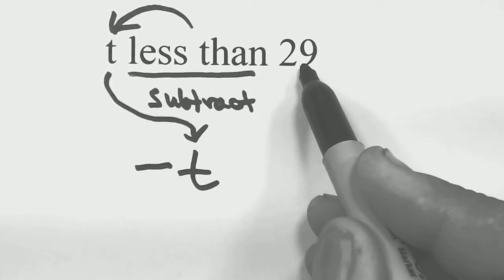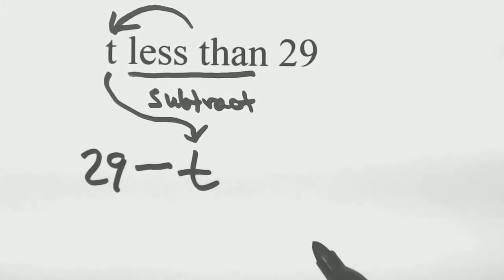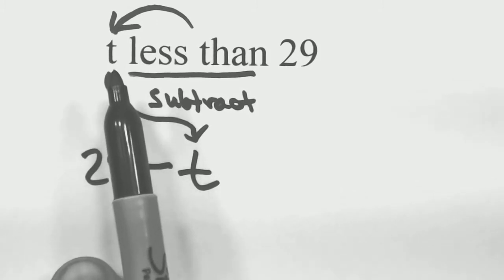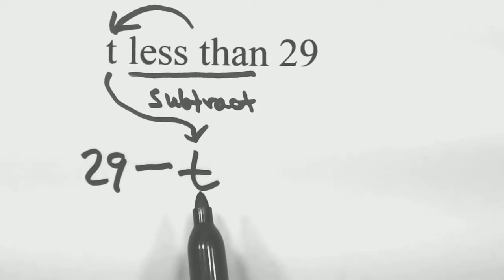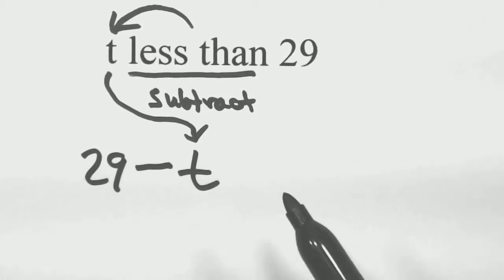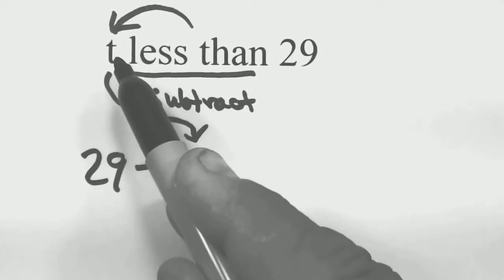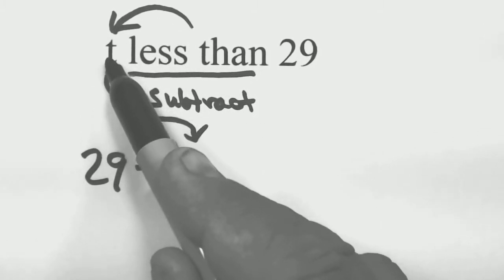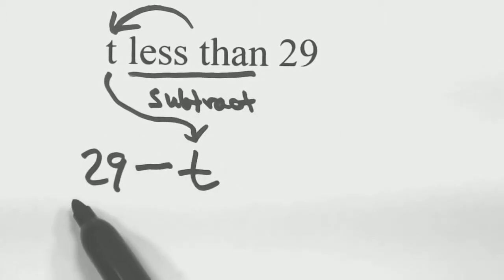T less than the 29? Well, 29 minus t is the correct way we have to put this one. So notice here's an example where the t, although it shows up first, has to go last, behind the minus sign. Again, here's what's going on. Less than means we're subtracting. We want t less than 29, so t less means the t is being subtracted. That means the t must go behind the minus sign. The 29 then goes in front.